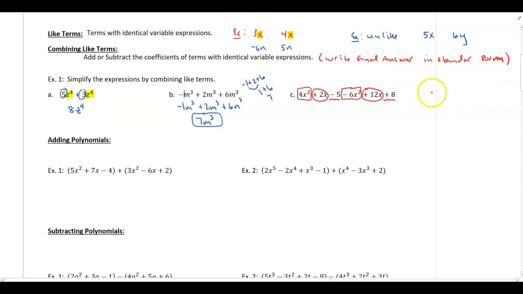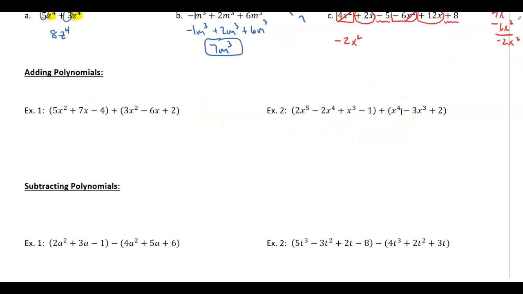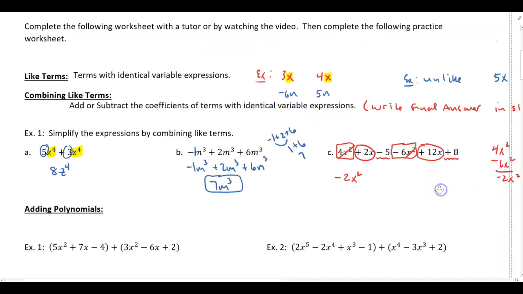So right away when I look here, the first thing I'm going to do is the x squareds. So that is 4x squared minus 6x squared. 4 minus 6 is negative 2x squared.